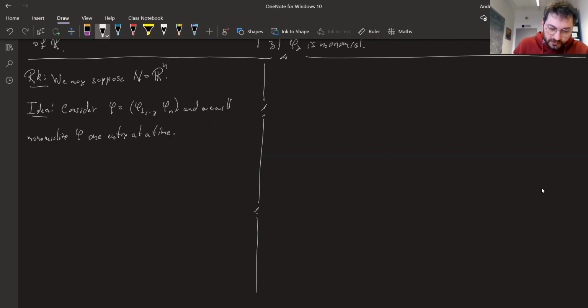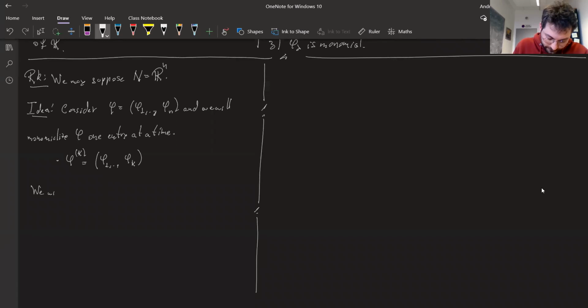What does it mean? It means that we're going to consider this morphism, which I'm going to call phi k, given by the first k entries. And we're going to prove by induction on k that we can monomialize the next one.